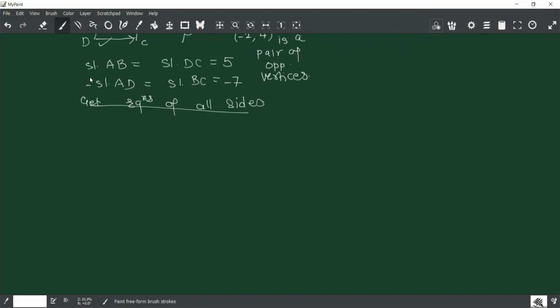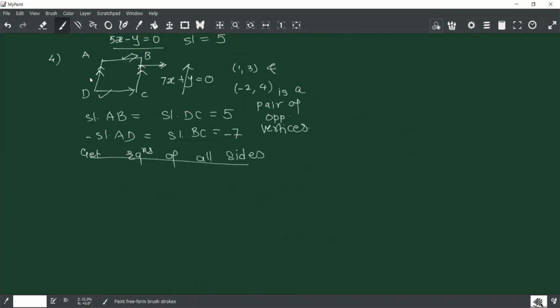I'll keep the figure in front of you and थोड़ा नीचे लेते हो. Equations of AB and BC will be of the form क्या होगा? Slope is 5 है. So y is equal to 5x plus c1 and y is equal to 5x plus c2. ऐसा होगा. Only we need to get the values of c1 and c2.